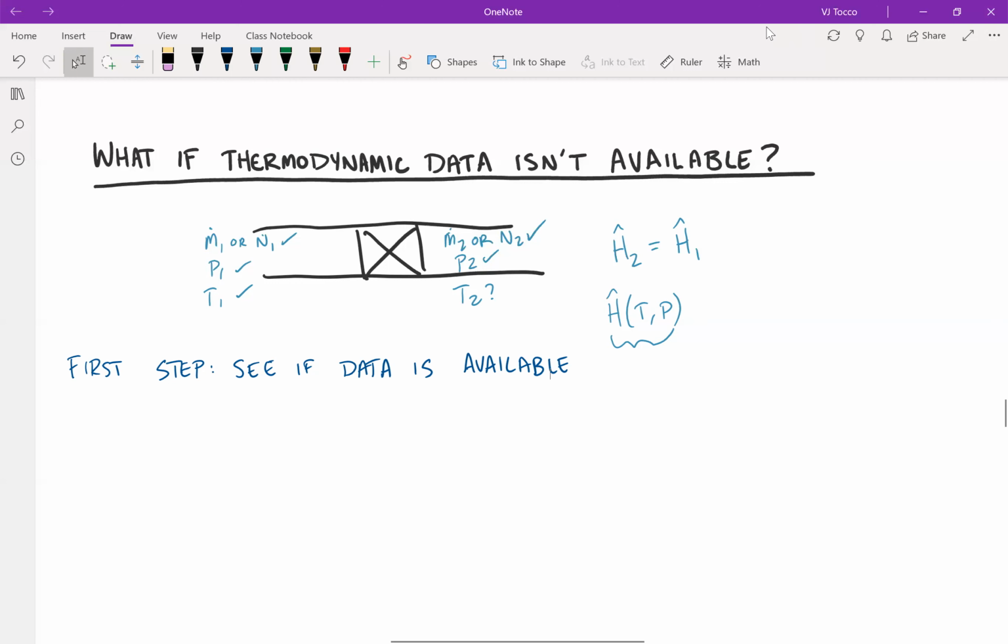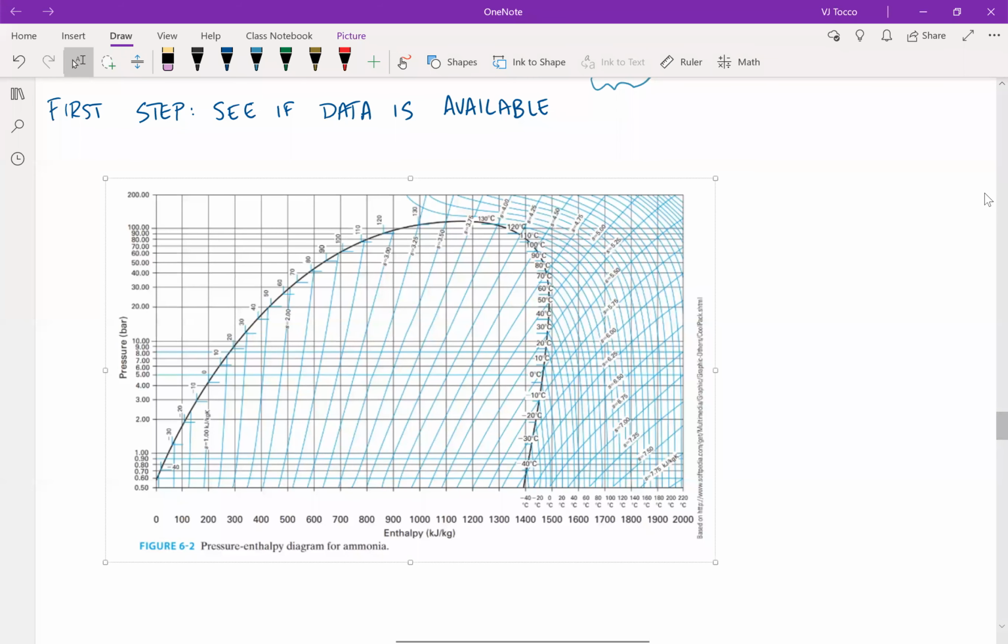So I'm going to clip the diagram for ammonia. If you look in an external resource like Perry's Handbook, or go online to the Engineering Toolbox or NIST, you may see a diagram like this, a pressure-enthalpy diagram. This one is for ammonia, and admittedly it's very confusing, but the idea is if you know any two of the coordinates on this diagram, you can find the others.